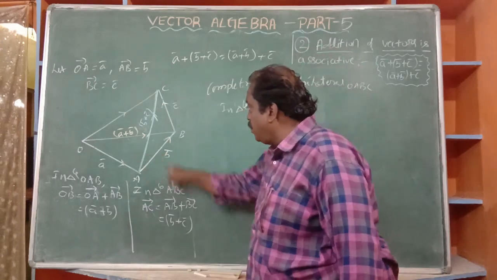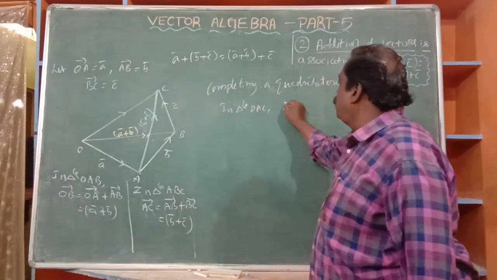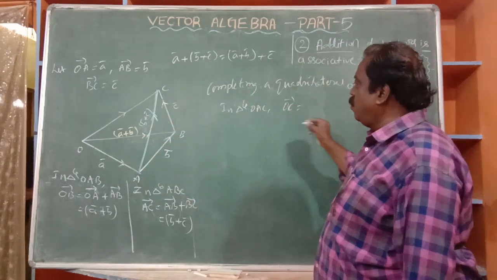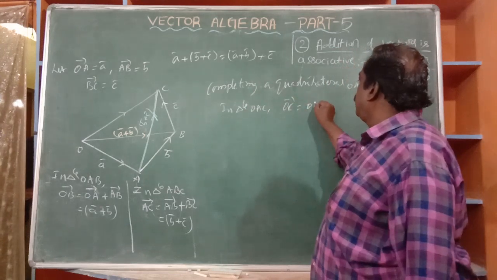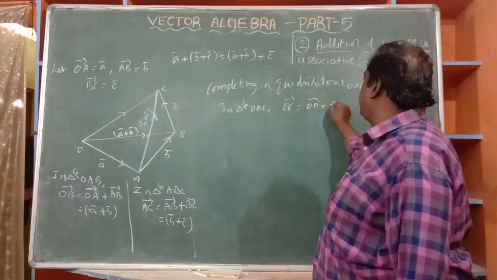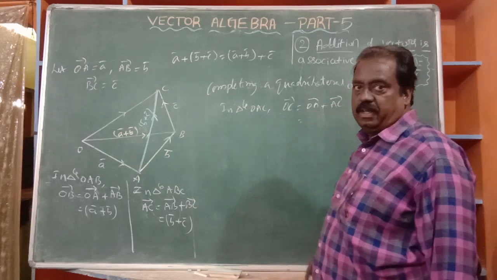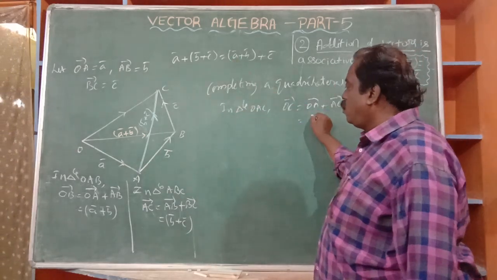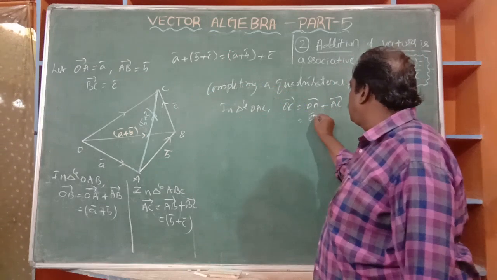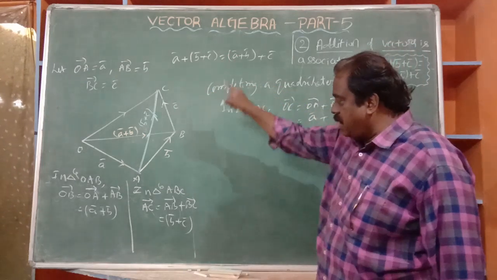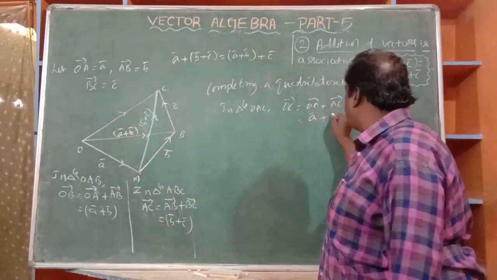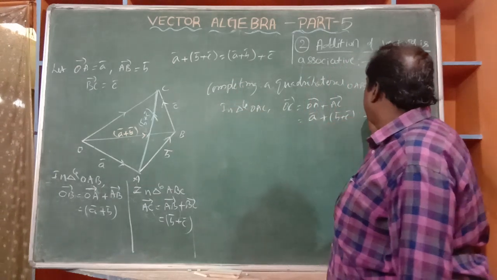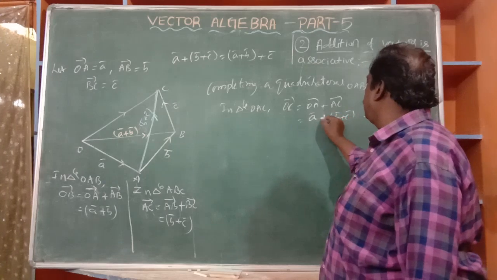I want the vector OC bar. That OC bar is nothing but OA bar plus AC bar. Will you agree? O to C, O to A to C. O to A is A bar, we know it. And AC bar is B bar plus C bar. So it is equation 1.